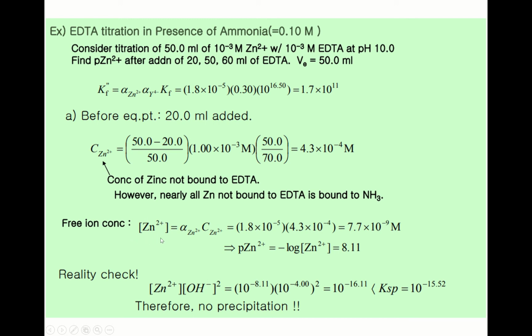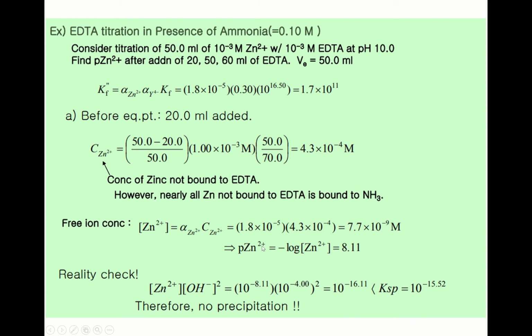Alpha for free zinc is 1.8 times 10 to minus 5, and the free zinc ion, when you assumed no ammonia, is 4.3 times 10 to minus 4. The free zinc ion in this case is 7.7 times 10 to minus 9 molar, and pZn is 8.11.